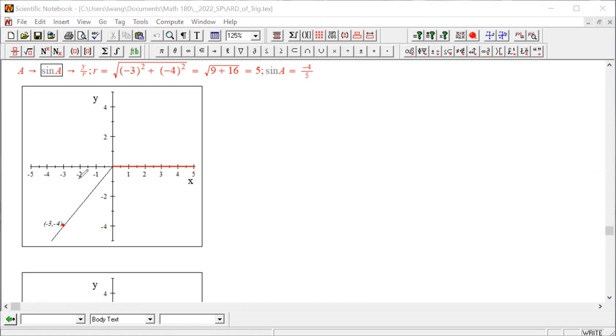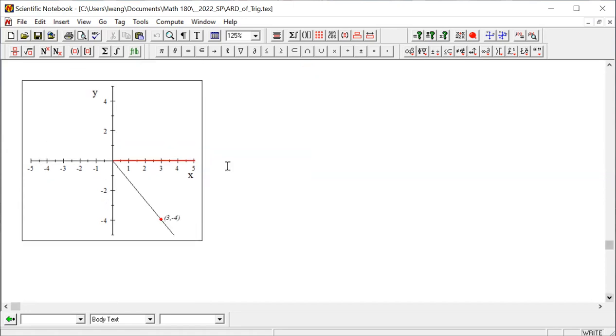How about what happened in the fourth quadrant? So we continue the journey. If I have another angle here, how do I measure this angle? Well, I measure this angle still from the standard position.